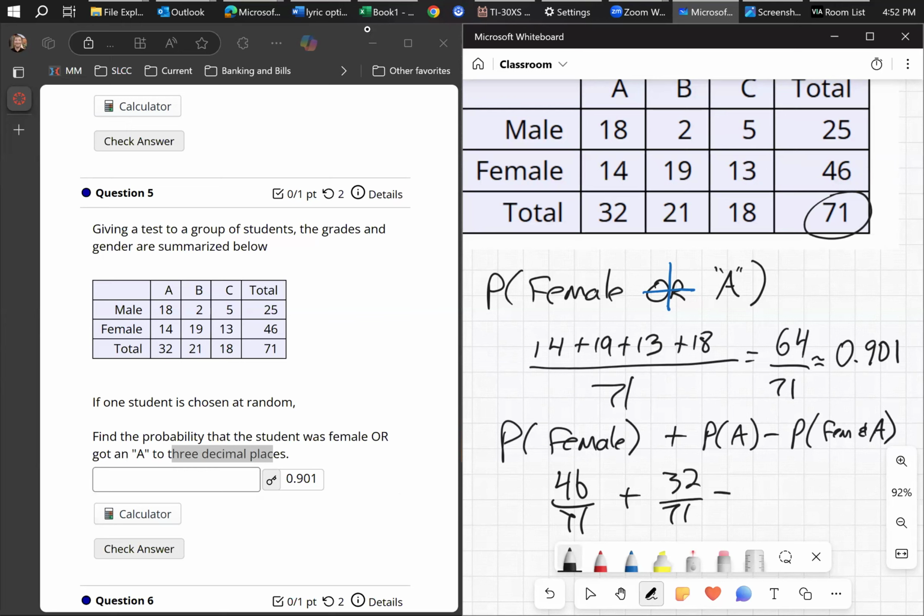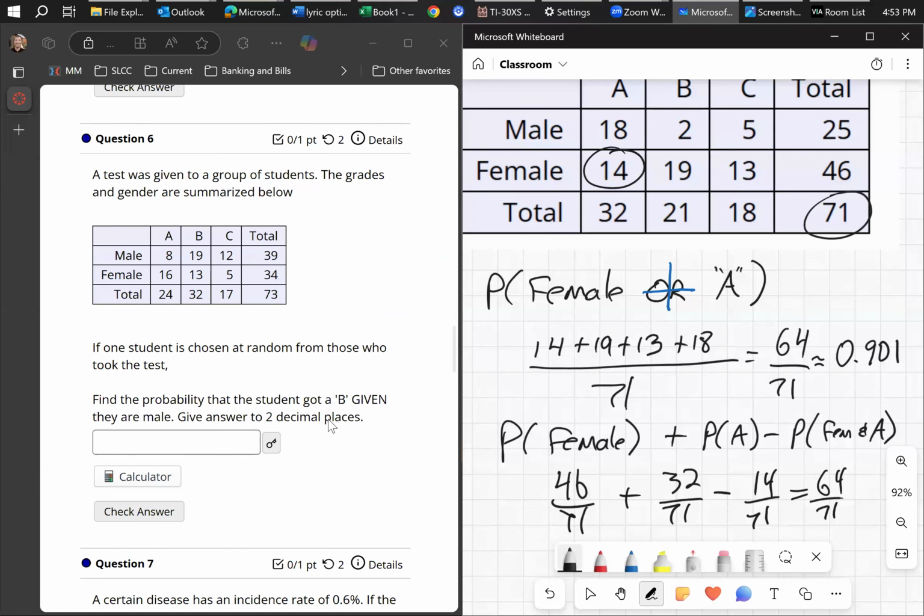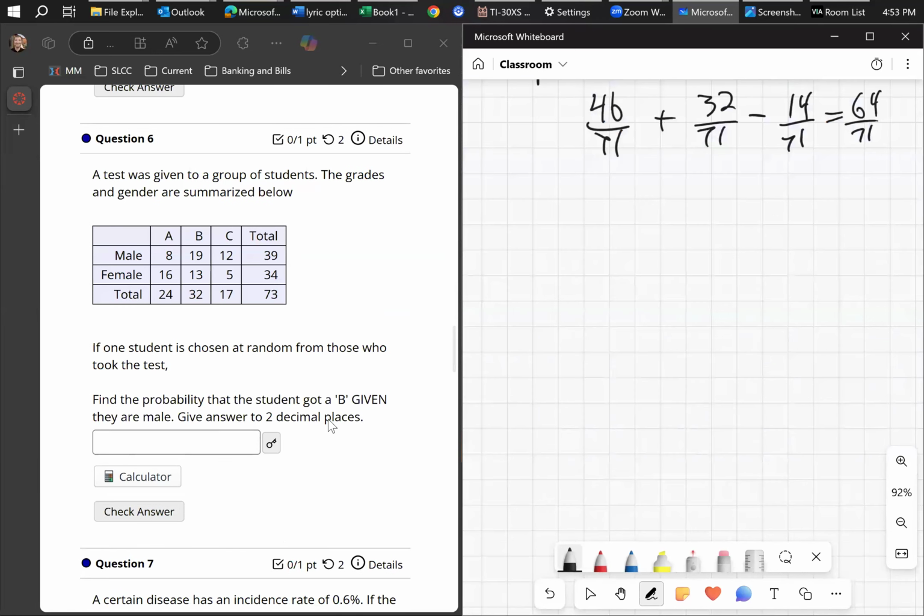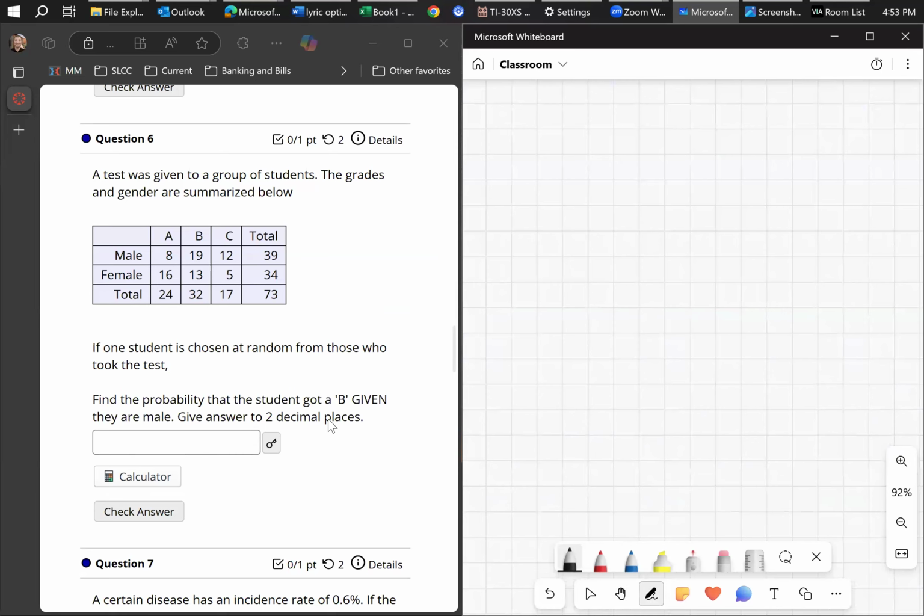Subtracting the females with A's because these are double counted. This total includes the 14, this total also includes the 14. So I have to subtract that extra 14 that I double counted. And again, that's another approach to getting the correct answer. Question number 6. A test was given. All right, let's do it again.